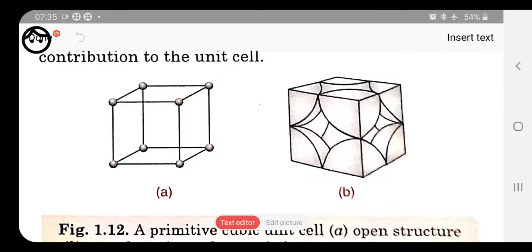The constituent particle present at the corner is contributed by 8 unit cells. You just have to imagine it, otherwise it would be very difficult to understand.